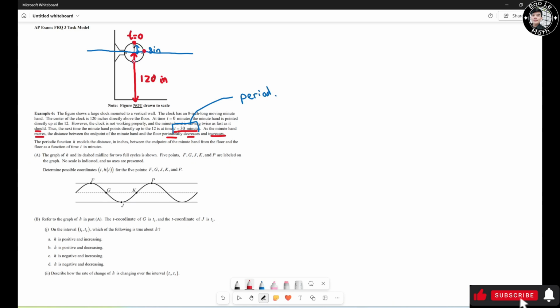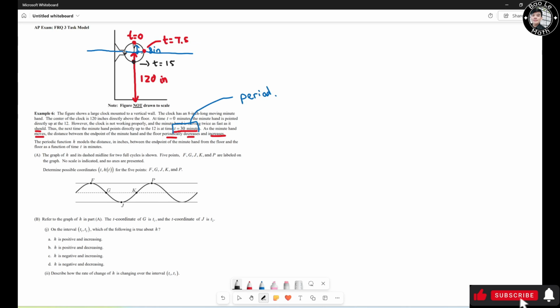Now it takes the minute hand 30 minutes to complete a full cycle, right? So going over here, it's going to be 1/4 of 30. So right here, t equals 7.5. Right here, t equals 15.